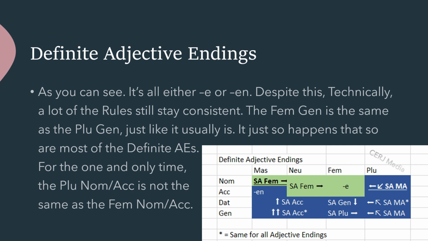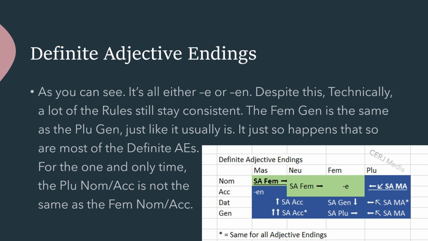And this is the only time out of all of those instances where that is not the case. In this specific case, for the definite adjective endings, the plural nominative and accusative are the same as the masculine accusative, which is EN. There you go.